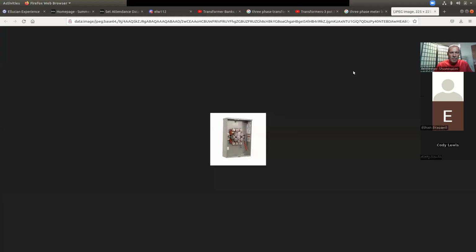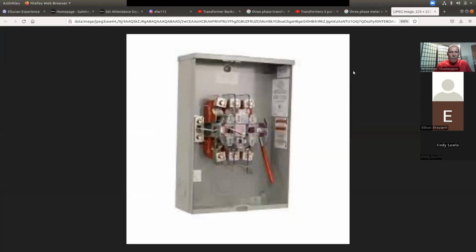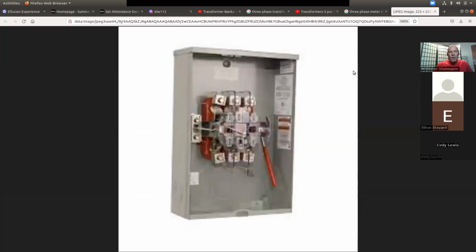So on 3-phase, we always needed to identify which one was the power leg, correct? Yes. We don't want to, and I like the way he said in the videos, we don't want to put a power leg into a place where we should have 120. In your meter base or whatever you have to wire, you'll notice these lugs right here.